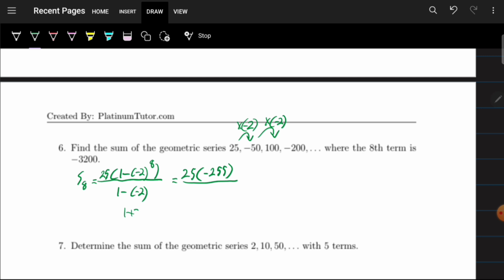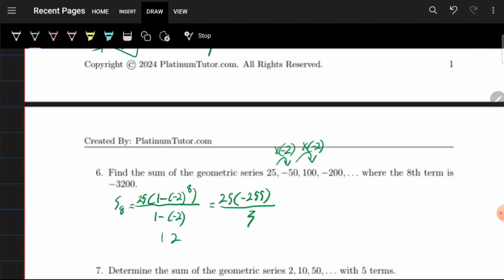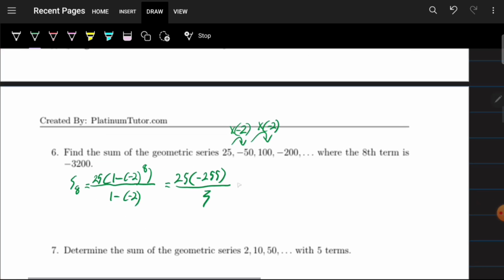That's the same as 1 plus 2, or 3. Okay, now let's see what this number is. Times 25 divided by negative, 255 divided by 3. Okay, so this will come up to negative 2,125. So this is the final answer.